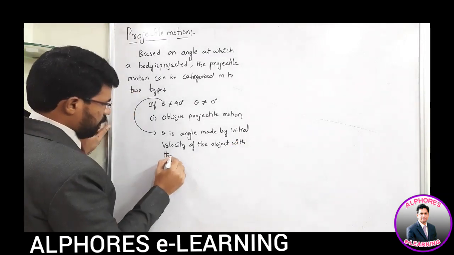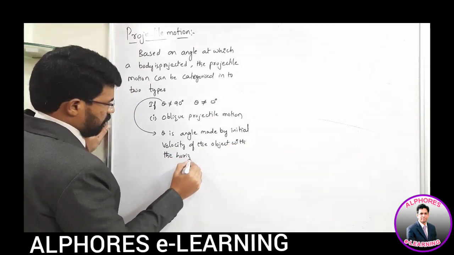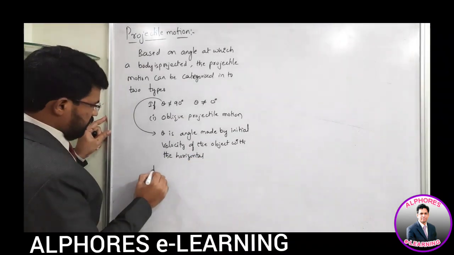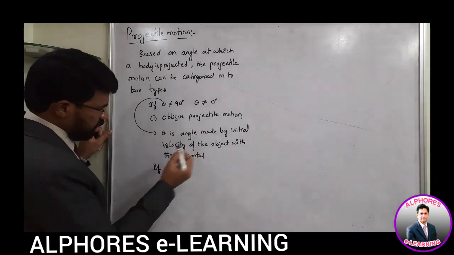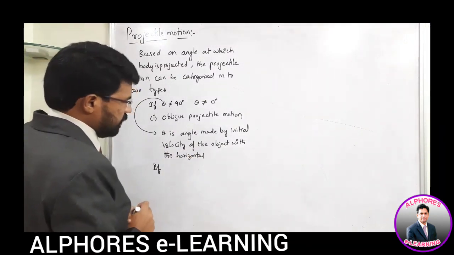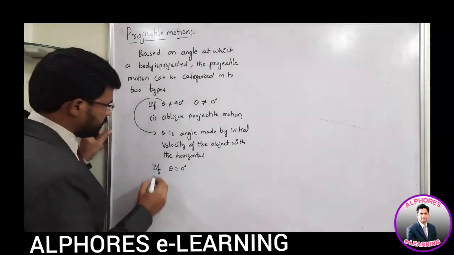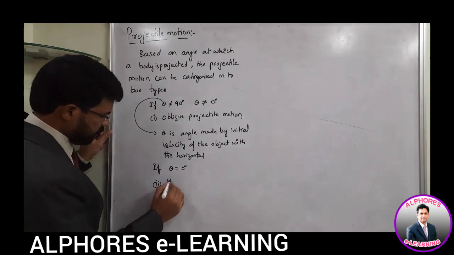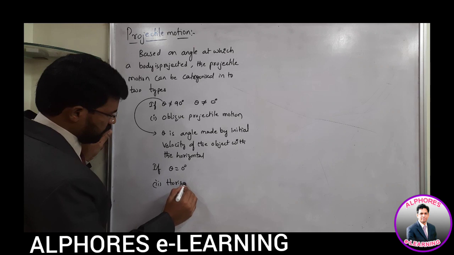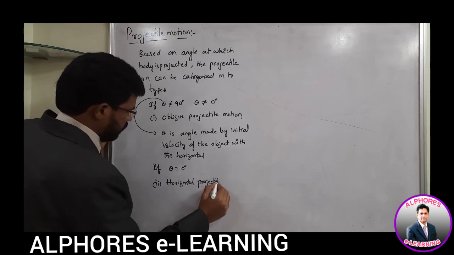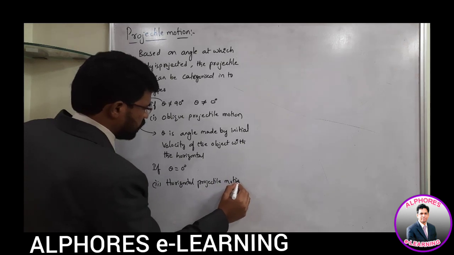If that theta is equal to 0 degrees, then the projectile motion is called horizontal projectile motion. Horizontal projectile motion.